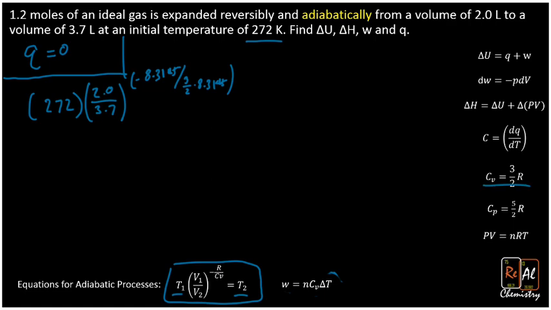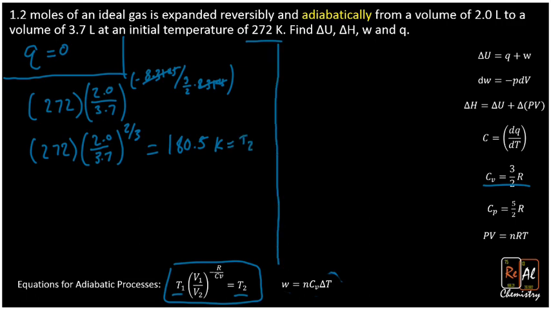Now, the trick here is the 8.3145s cancel out, and then we'll get the reciprocal of the 3/2. So we're really going to be raising that all to 2/3. 272 times 2.0 divided by 3.7 raised to 2/3 is going to give us our new temperature, which is 180.5 Kelvin. Okay, so that's our temperature 2. That's our final temperature.